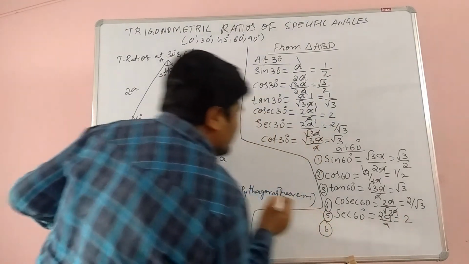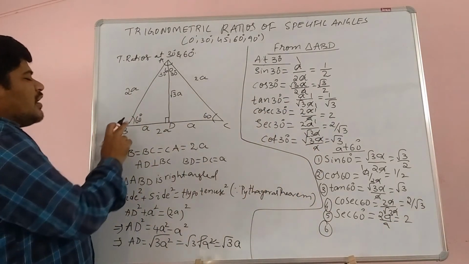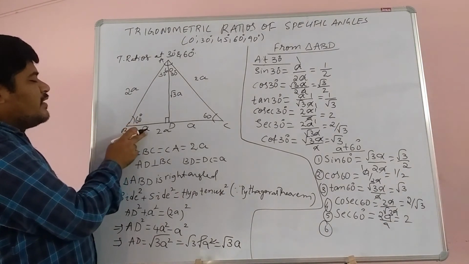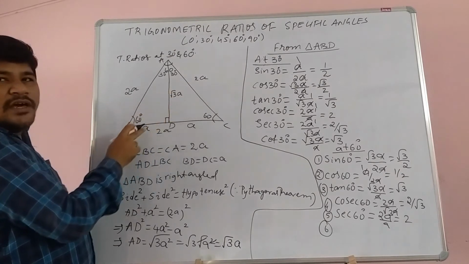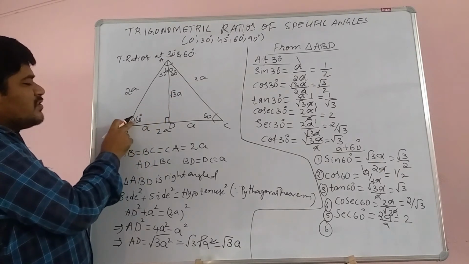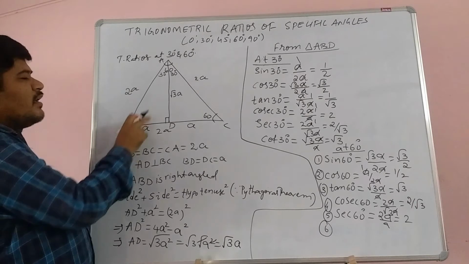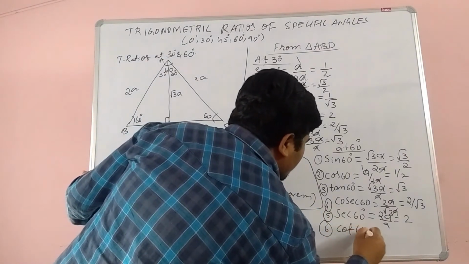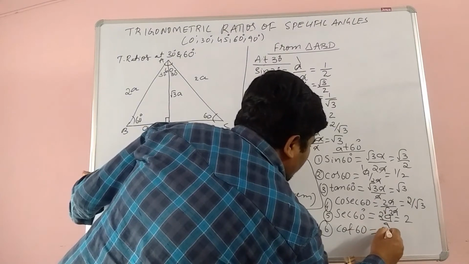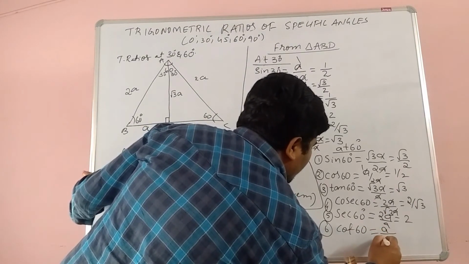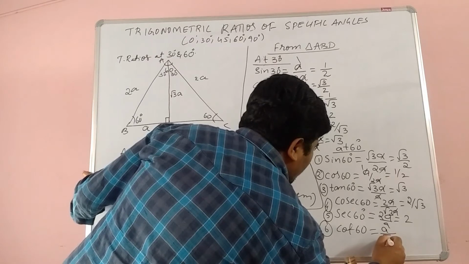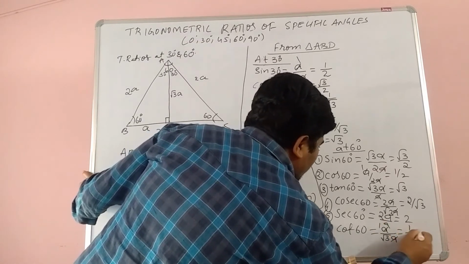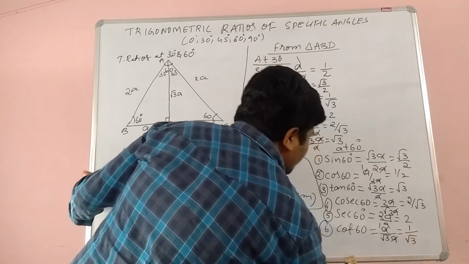So last one is what? Cot 60. What is cot 60? Adjacent side by opposite side. So cot 60 is equal to a by root 3a, a cancels, that is 1 by root 3.